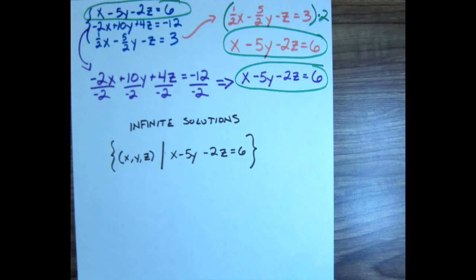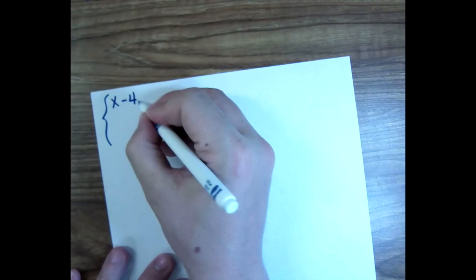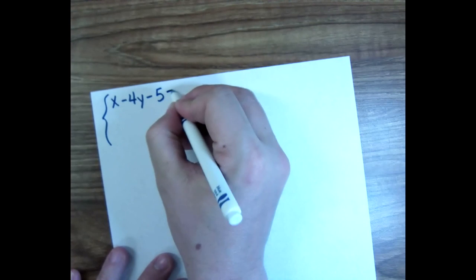Same thing. Let's do one more of these systems of 3 equations. I'll give you one of the harder types. Now, when I say harder, I just mean it looks weirder. The process is the same every single time.